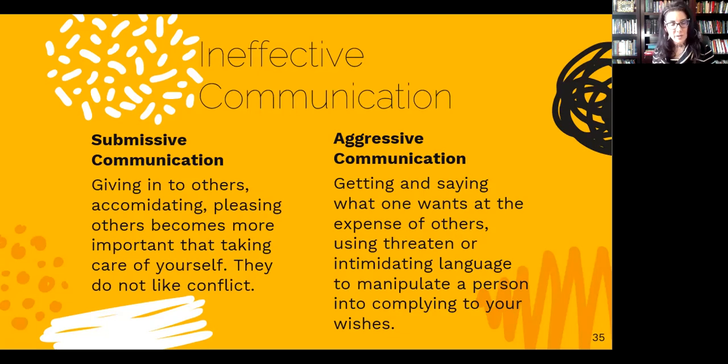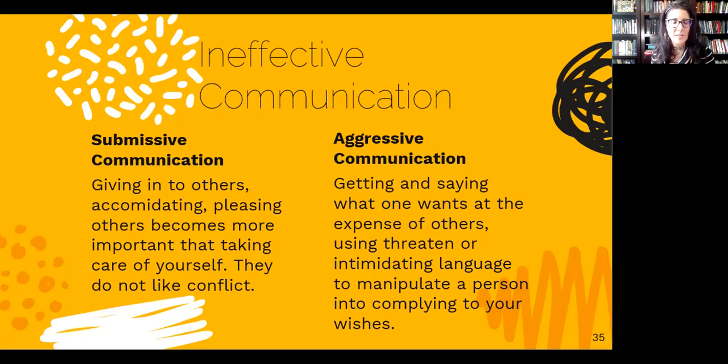Because when we feel worthy of who we are and what we have to offer, we don't need to accommodate, because we believe that our needs are as important as others. When we have a solid sense of self, we would not use aggressive communication, because we would never threaten somebody in order to get what we want. We would approach it with respect.